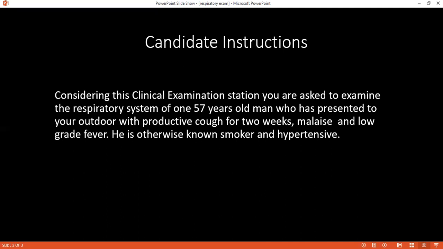I go to the head, looking at the eyes for cyanosis and anemia, and at the mouth for angular stomatitis, cyanosis, and anemia. I look at the neck for any elevated jugular venous pressure, and then go to the chest.